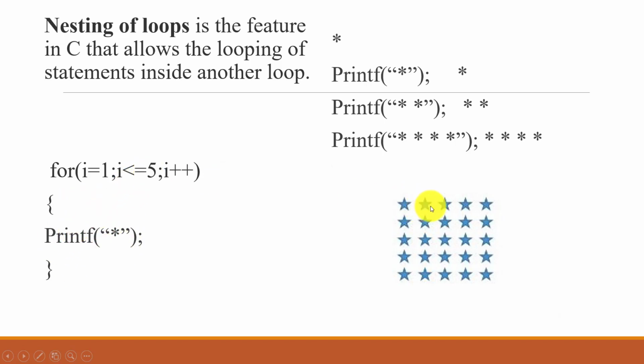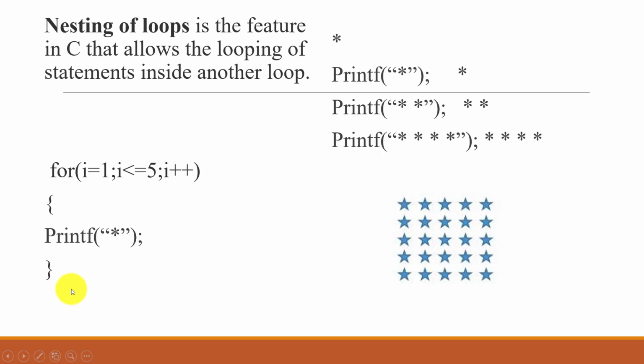So I can print one row by this code, but I want the 5 stars on 5 different new lines. So we want to repeat this code inside another loop. This code is used to print all the stars in one single row, but I want the stars on new lines.